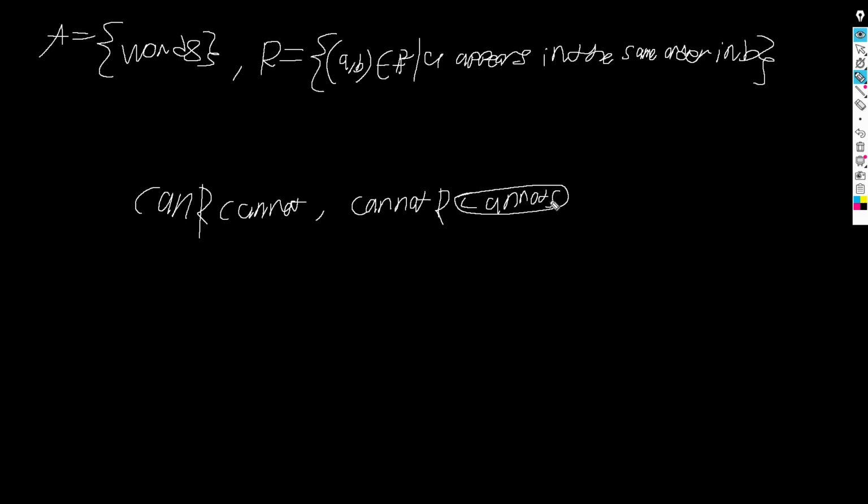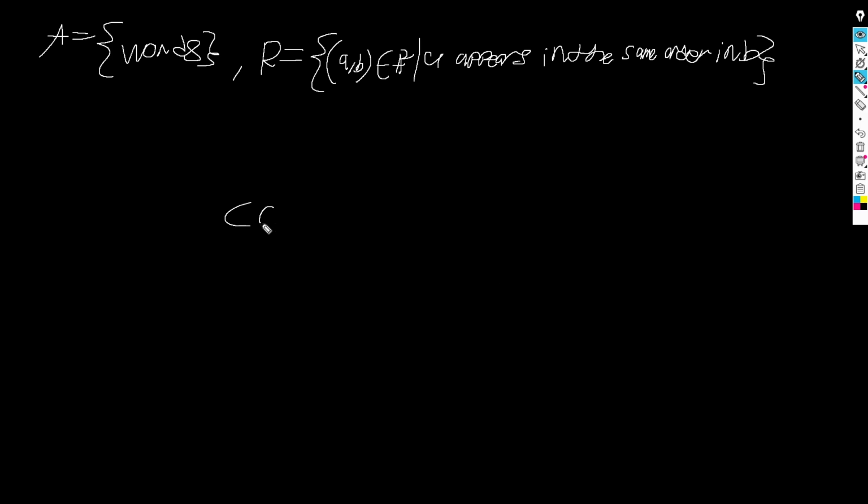Just assume that cannot is an English word. So if this is true, then can is R related to cannots. And R is anti-symmetric because, I don't know, bro, obviously the proof is left as an exercise to the reader. Anyway, this means that R is a partial order.